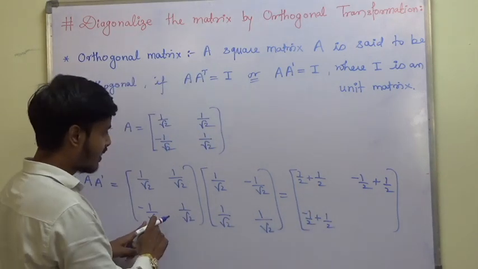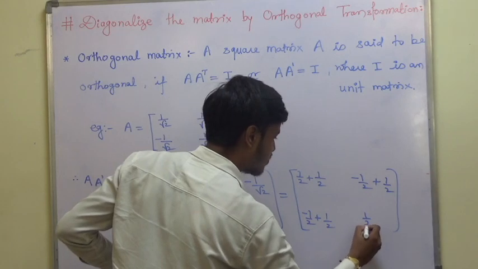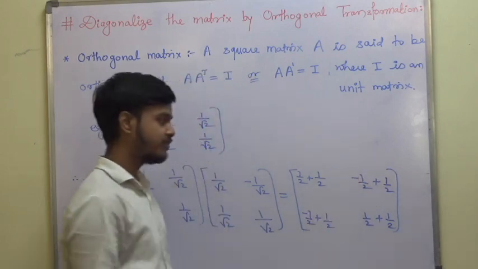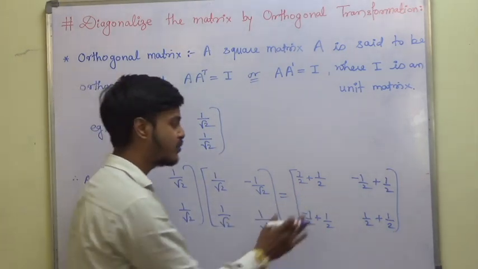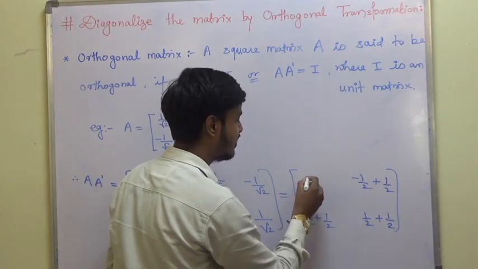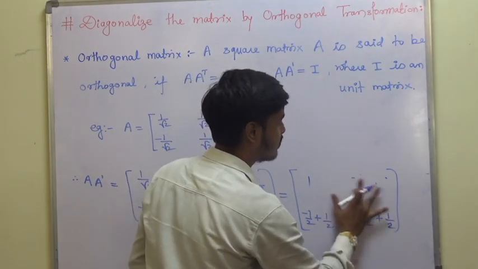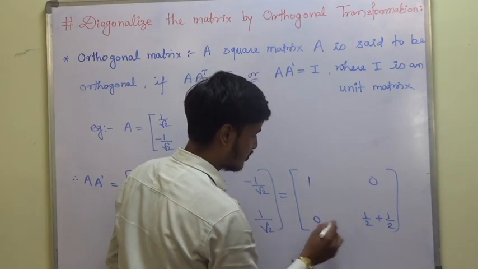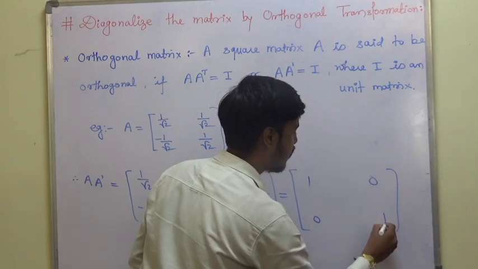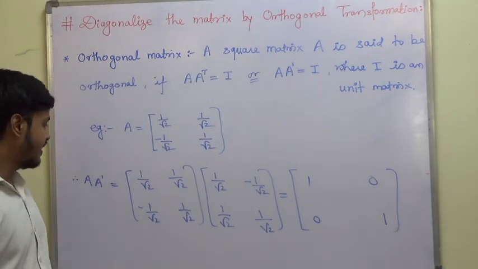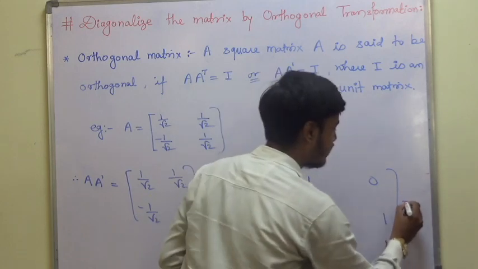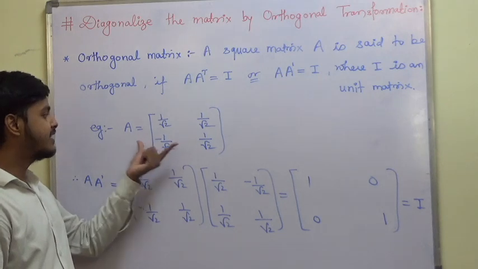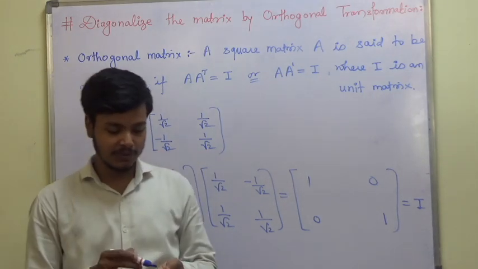Half plus half is 1, so I write 1 here. Minus plus gives you 0. This also gives you 0, and this gives you 1. So as you can see, A A transpose is equal to the identity or unit matrix. So we can say that this matrix is nothing but an orthogonal matrix.